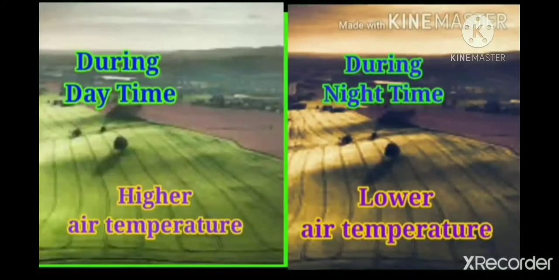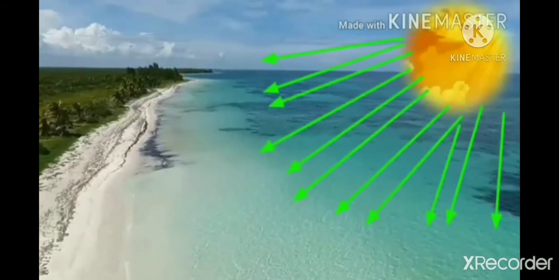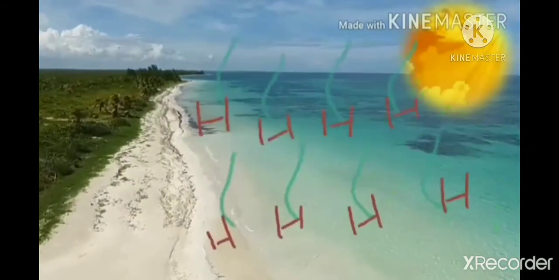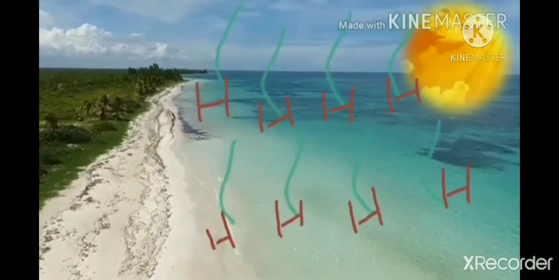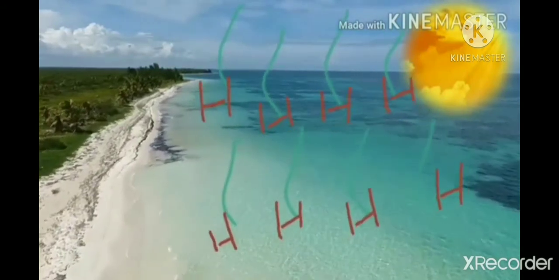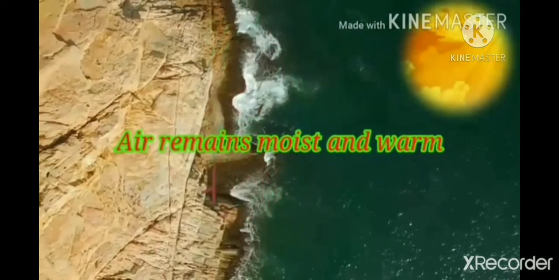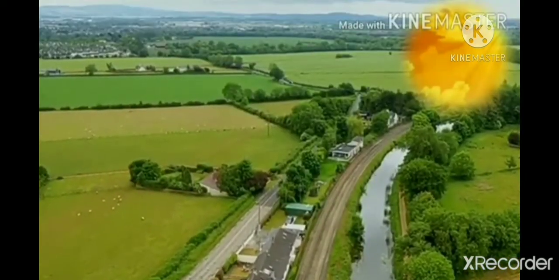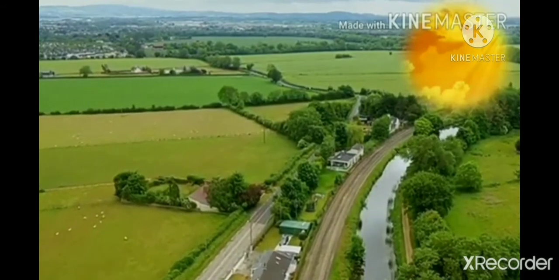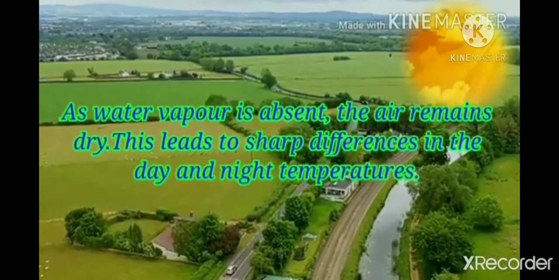In the coastal areas, because of the heating of sea water, water vapor gets mixed into the air. This water vapor holds the heat in the air. As a result, the air in the coastal areas remains moist and warm. The conditions in the continental areas are opposite. As the water vapor is absent, the air remains dry. It leads to sharp differences in the day and night temperatures.